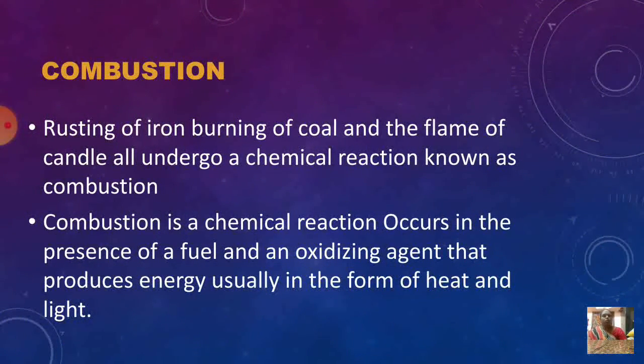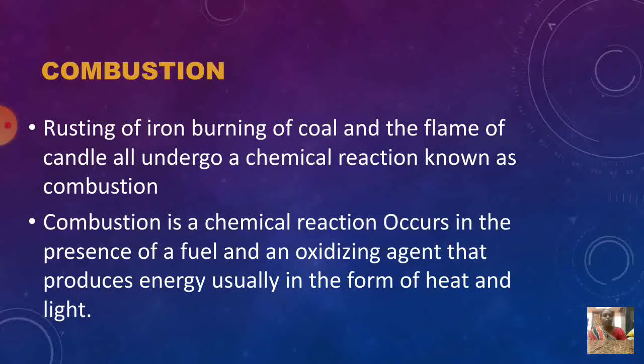Children, today we are going to learn the next topic, combustion. Children, can you guess what is common in rusting of iron, burning coal and the flame of a candle? Yes, they all undergo a chemical reaction known as combustion.